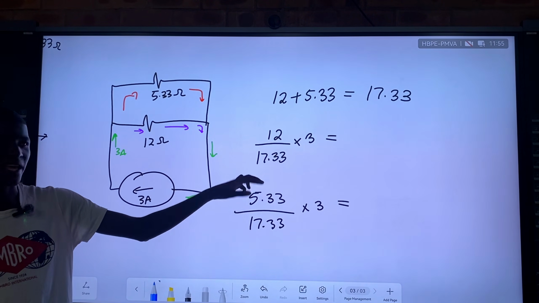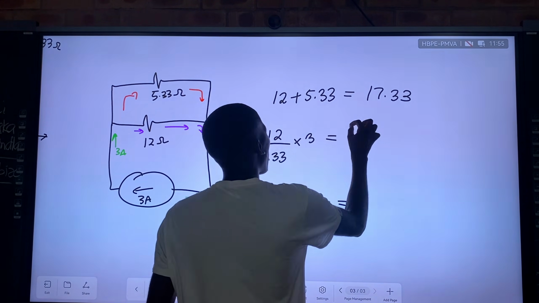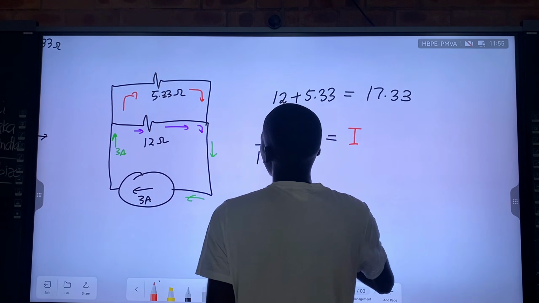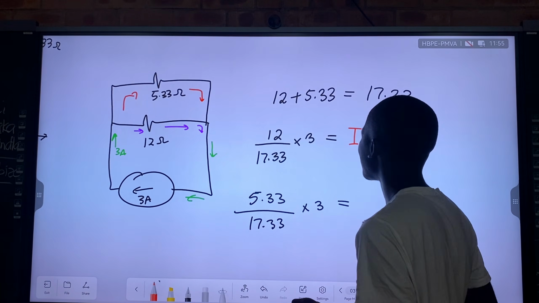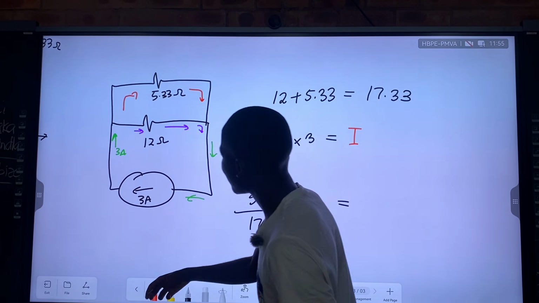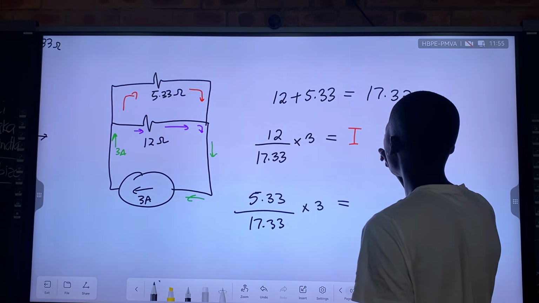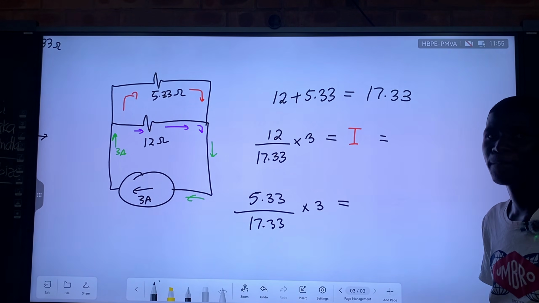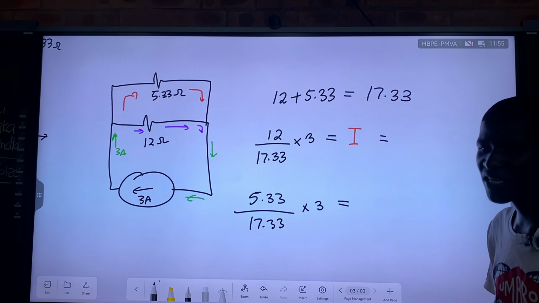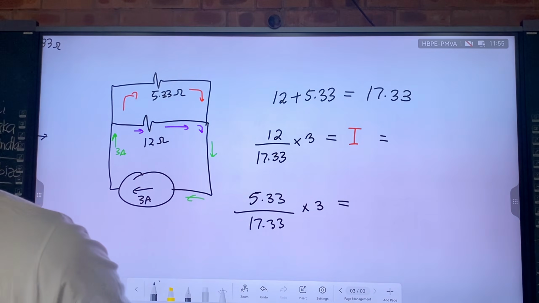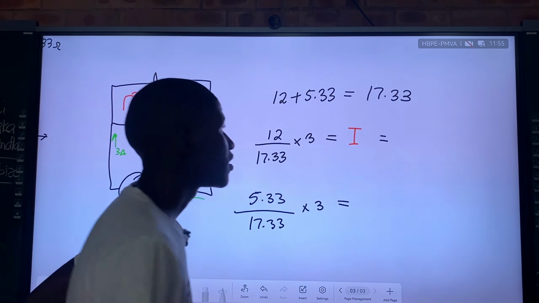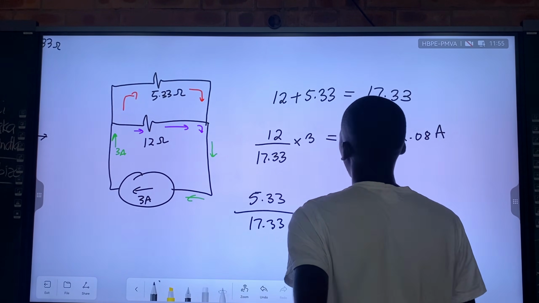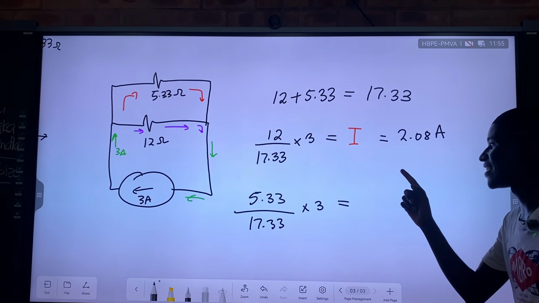This portion is actually our red current. What is the red current? Calculate it and find it. It's 12 over 17.33 times 3. What do you get? 2.08 amperes. So this is the current A red.